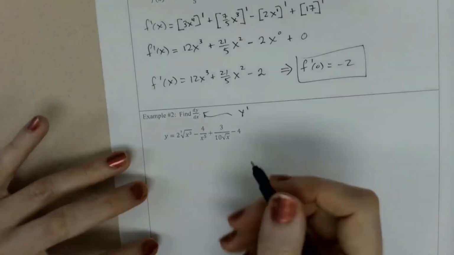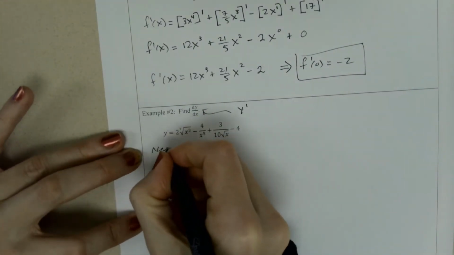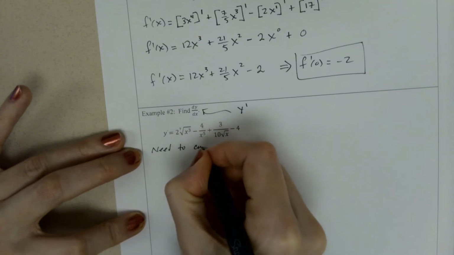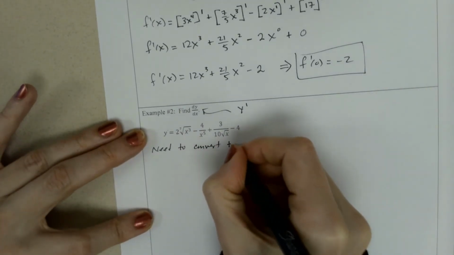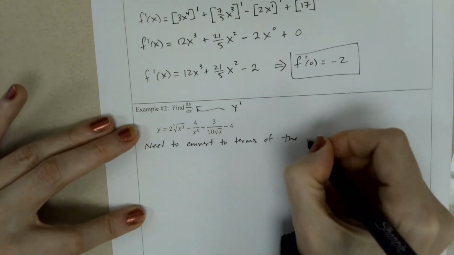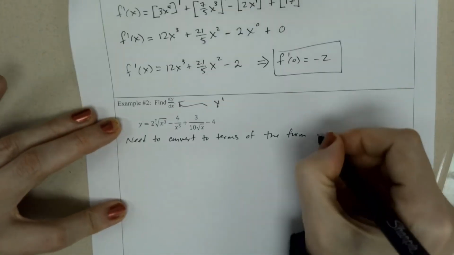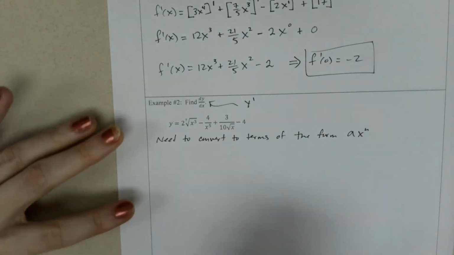I need to convert first before taking the derivative, to terms of the form ax to the n. That's what I've got to do first.